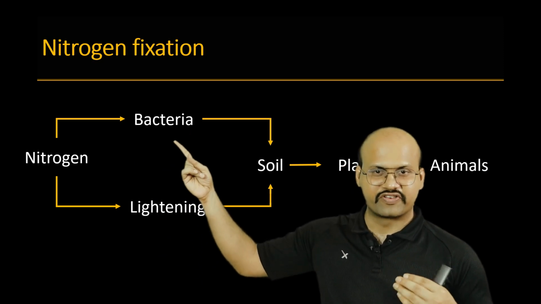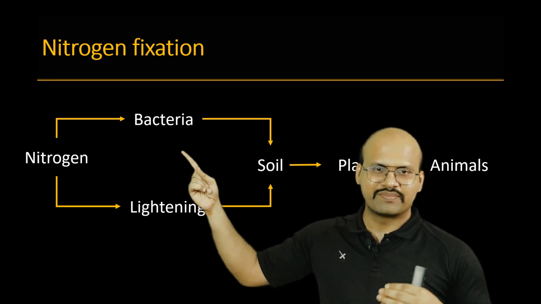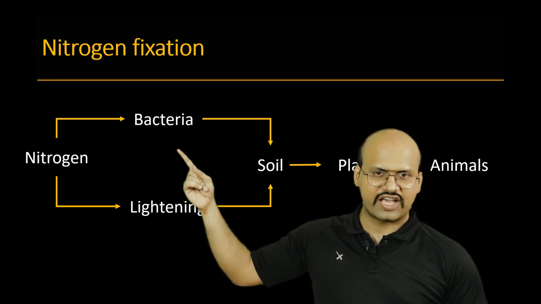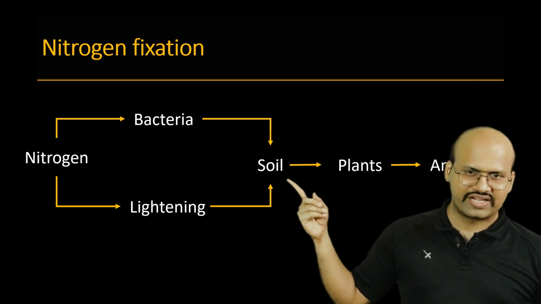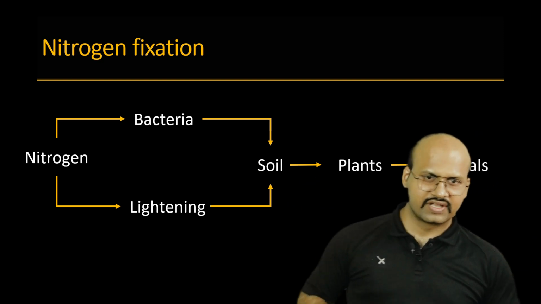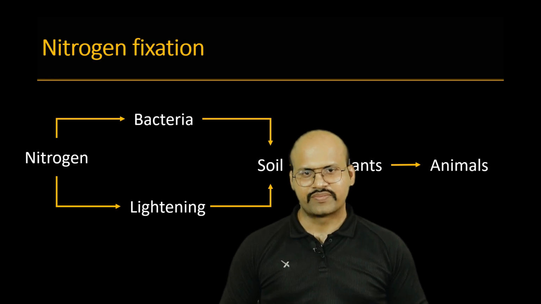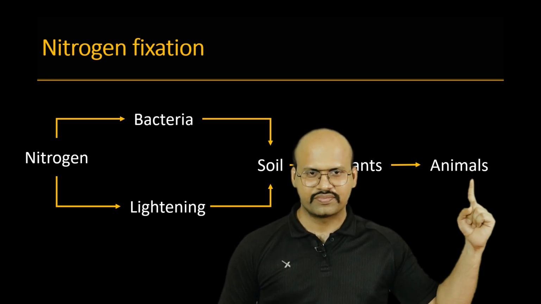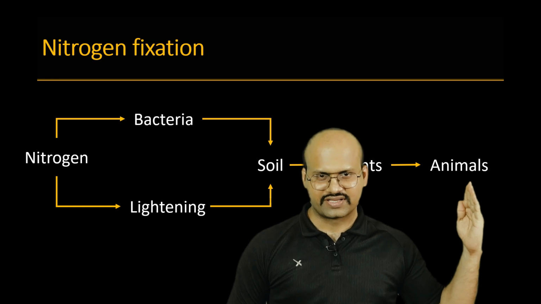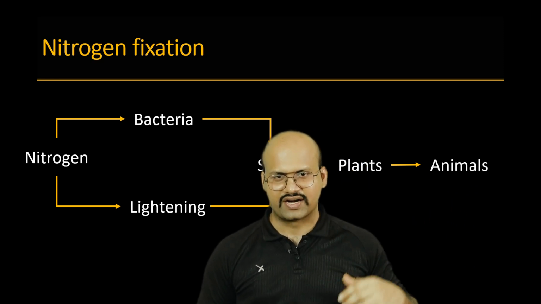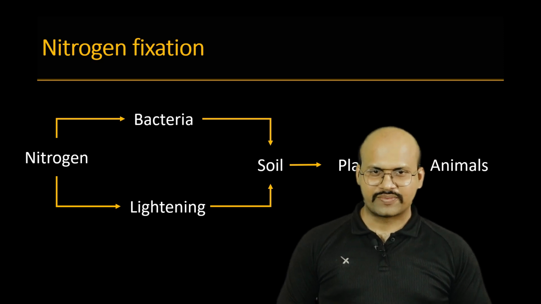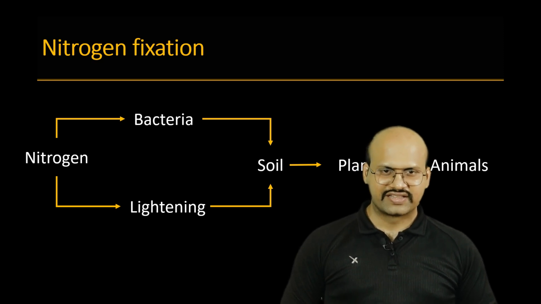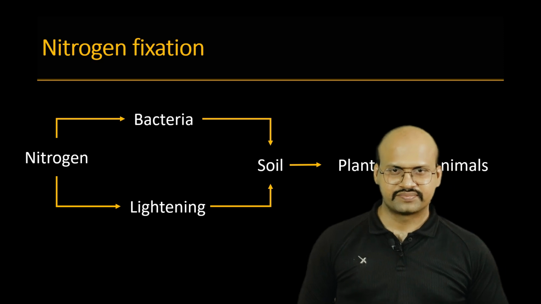This bacteria can be free living bacteria, or it can be a bacteria living on the root nodules like rhizobium. When they are added to the soil, then from the soil it is absorbed by the plants, and once the plants have absorbed it, then we consume it from the plants. So all the animals consume nitrogen from the plants. So directly no animal, or in fact most of the animals, cannot absorb nitrogen from the atmosphere. Therefore they have to depend on plants.